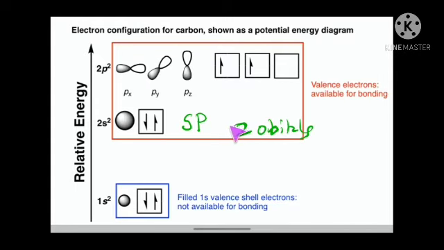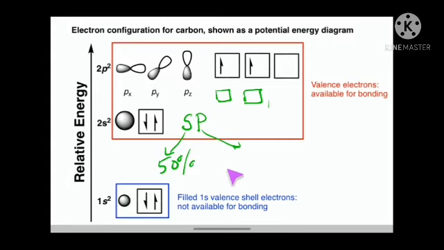The energy level of those two orbitals would be somewhere here, because this is the energy level of the p orbital, and this is the energy level of the s orbital. When we combine both orbitals, the energy level of this newly created hybrid orbital will be right in the middle, because s is 50% and p is 50%.